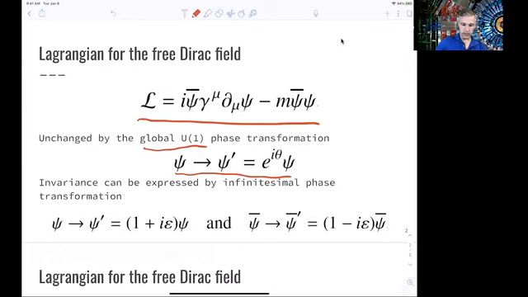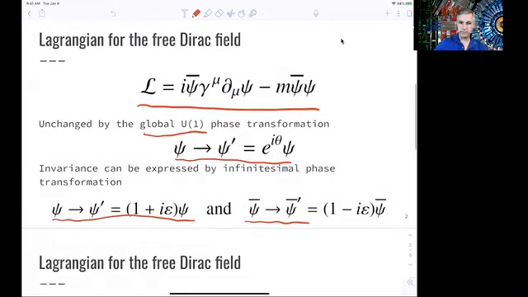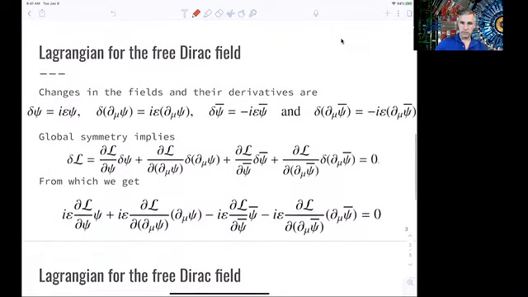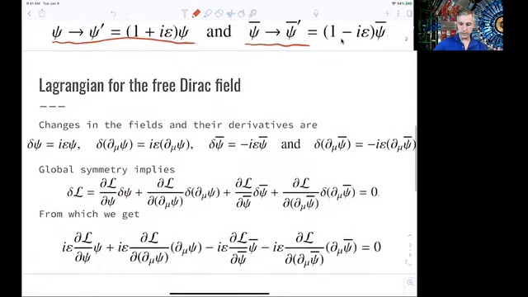All right, so we can express this symmetry with an infinitesimal phase transformation as shown here for our fields and for our adjoint fields. For the fields and their derivatives, we just have to do the math, and we find those expressions, which we can then put back into our Lagrangian.